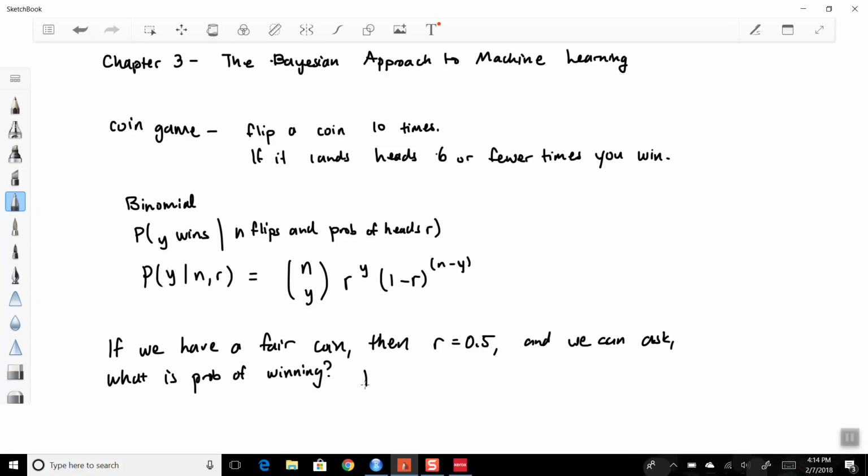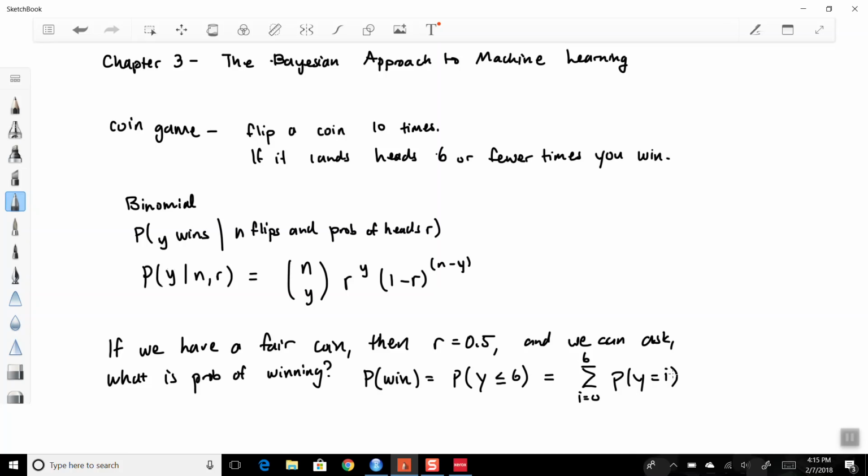Okay. So in this case, the probability of a win is equal to the probability that Y is less than or equal to 6, which is going to equal the sum of the probability of Y equaling I for I equals 0 to 6. So we have to say, what's the probability that you get heads 0 times, the probability of heads 1 time, and so on and so forth, up to getting 6 heads out of 10 flips, okay?